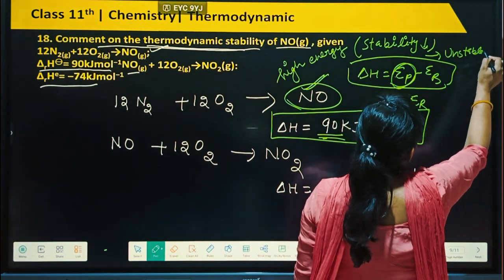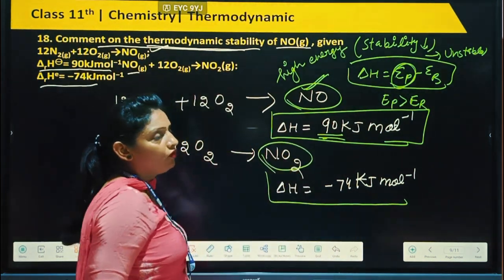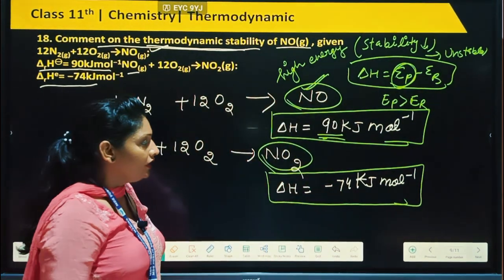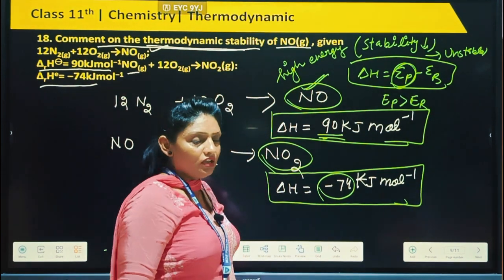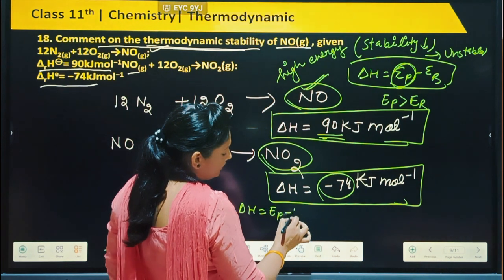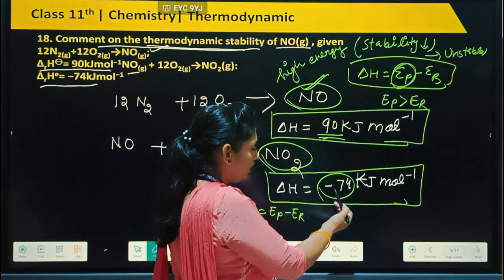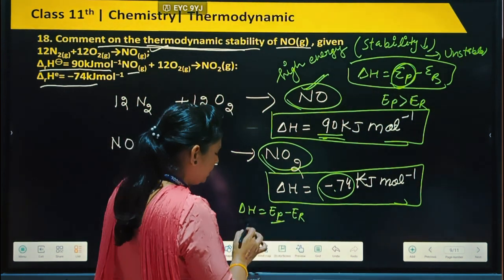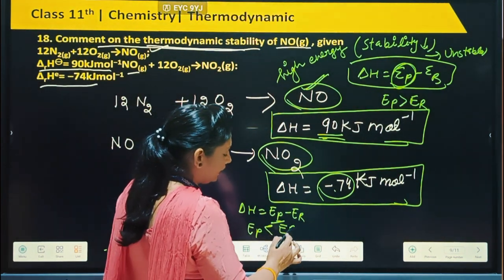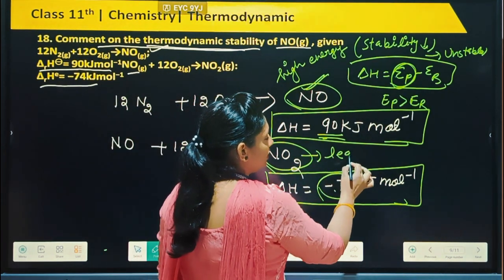Here you can see for the formation of NO2, del H has a negative sign. Here del H is EP minus ER, enthalpy of product minus enthalpy of reactants. Since it is negative, the enthalpy of product is less than that of reactants. Which means it has less energy, the least energy.